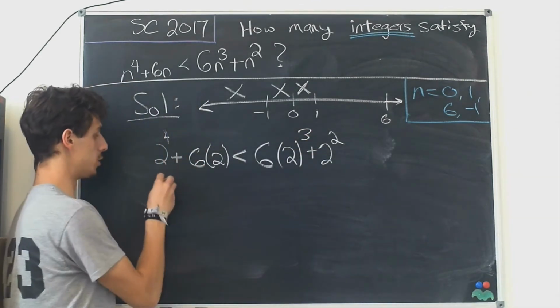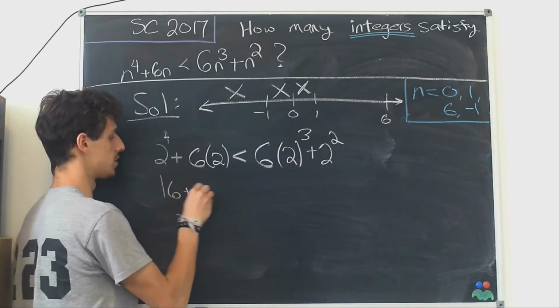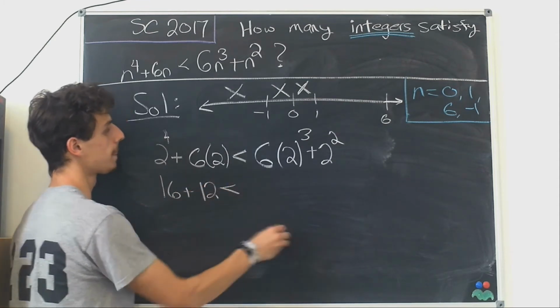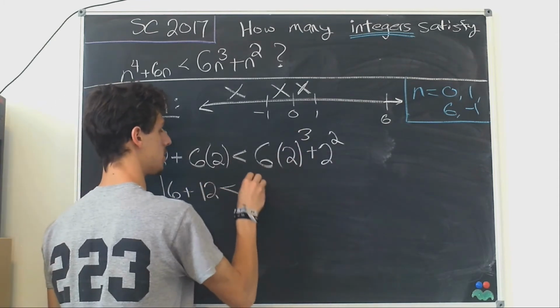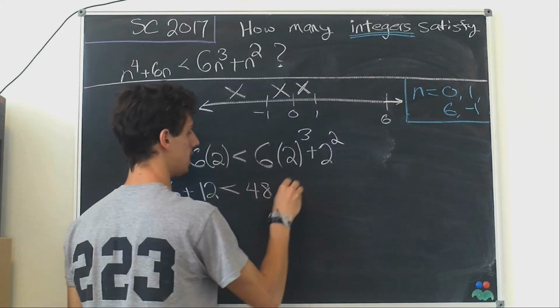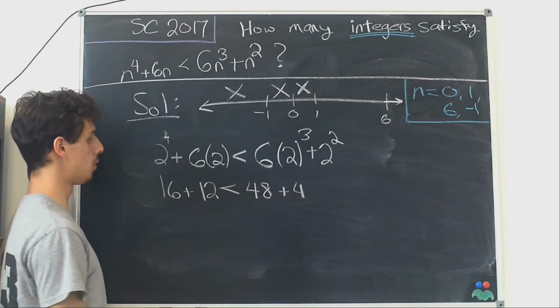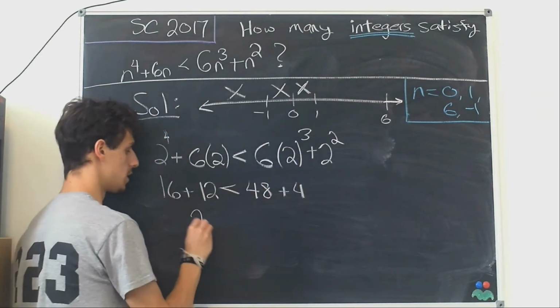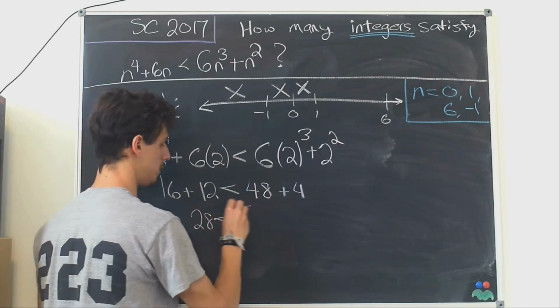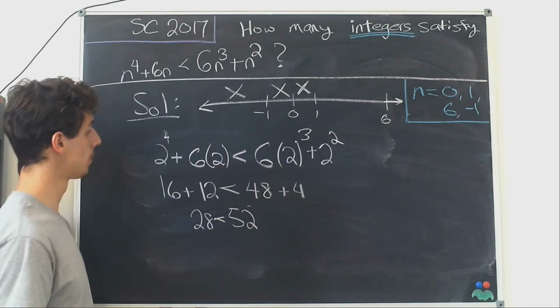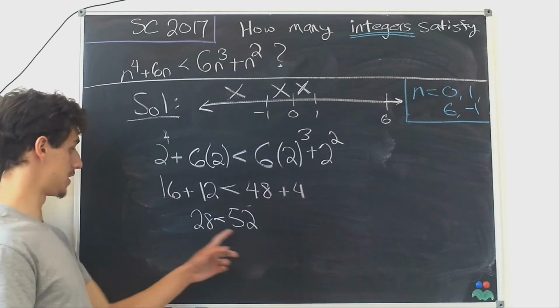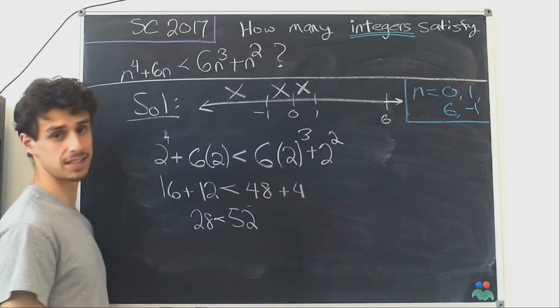squared. So 2 to the fourth is 16. 6 times 2 is 12. 2 to the third is 8, so this will be 48. And 2 squared is 4. So this will be 28 here, and this will be 52 here. And this checks out because 52 is indeed bigger than 28. This is a true statement.